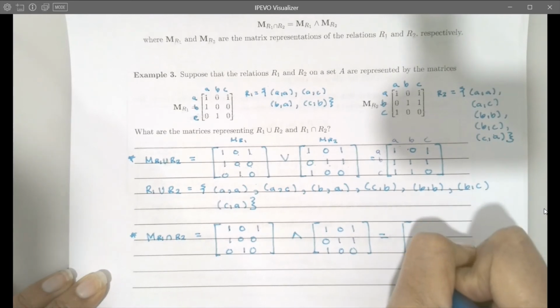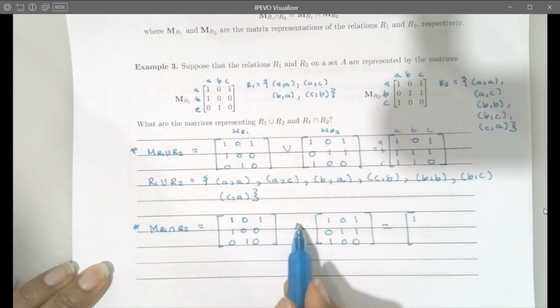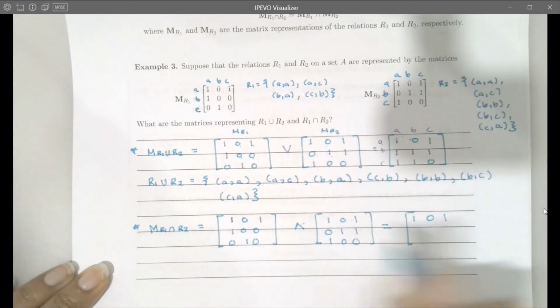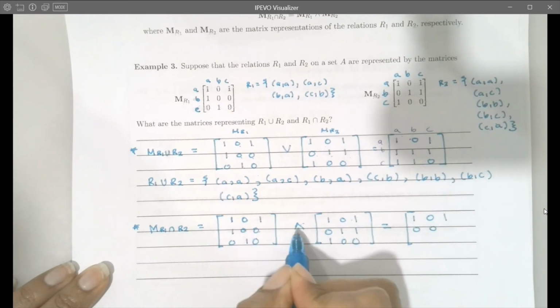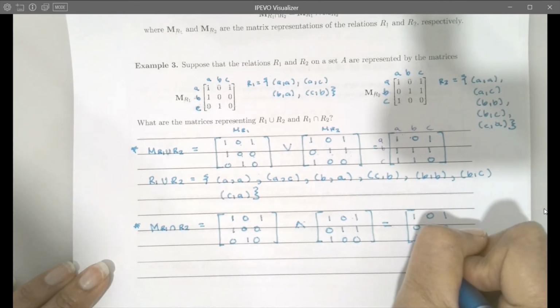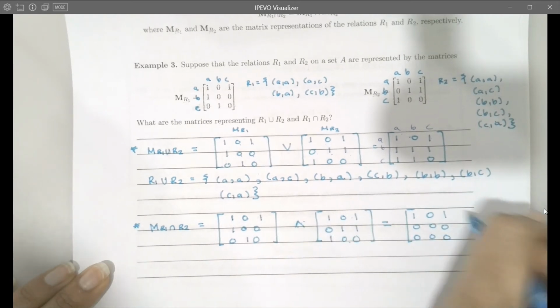And that is going to be 1 and 1, which is 1, 0 and 0, which is 0, 1 and 1, which is 1, 1 and 0, which is 0, 0 and 1, that's 0, 0 and 1, that's 0, 0 and 1, that's 0, 1 and 0 is 0, 0 and 0 is 0.